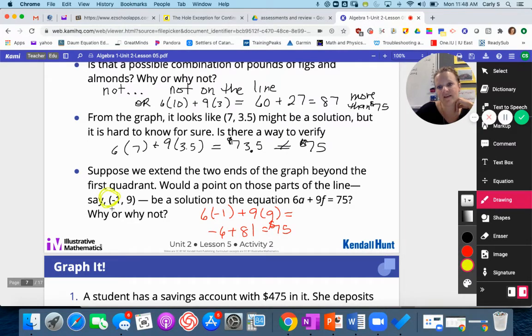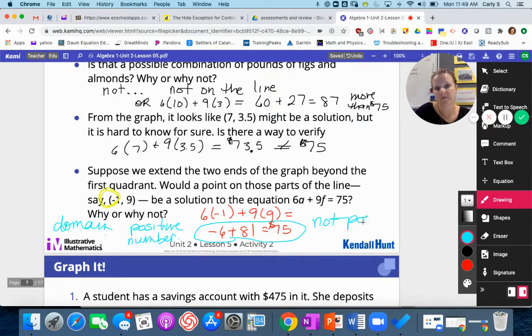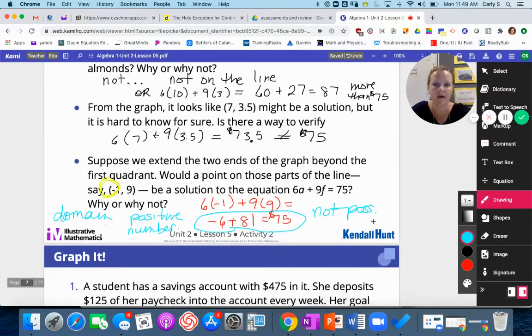When we have real life situations in algebra class, we need to say our domain has to be positive numbers, because I can only buy positive numbers of pounds of almonds and figs. I can't buy a negative amount. Even though the math works out, it's misleading, but no, not possible.